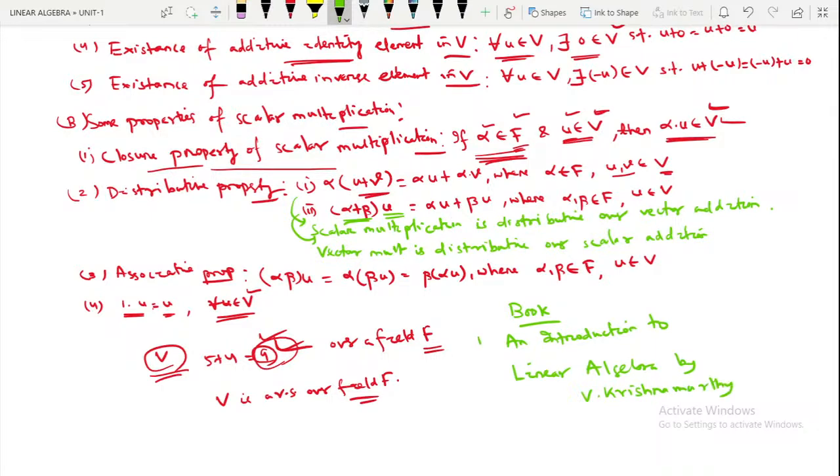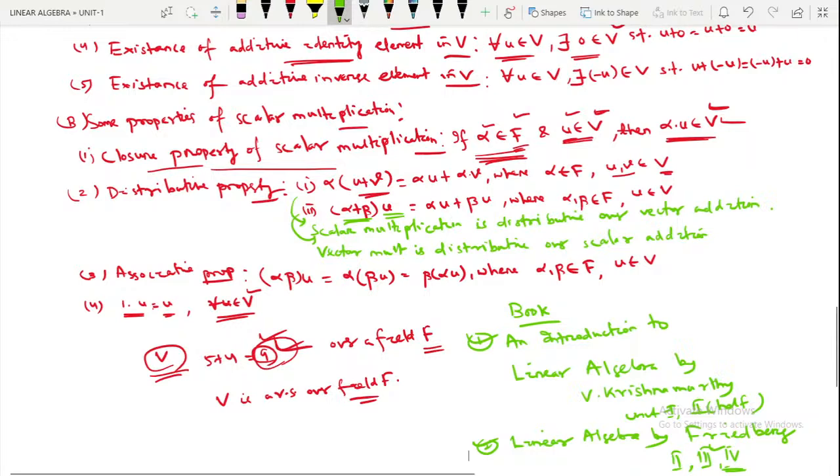I will follow this book for my whole unit 1 and half of unit 2, and then I will follow another book of linear algebra by Friedberg, for the rest of unit 2 and all of unit 3 and unit 4. Okay, so basically I will follow only these 2 books.